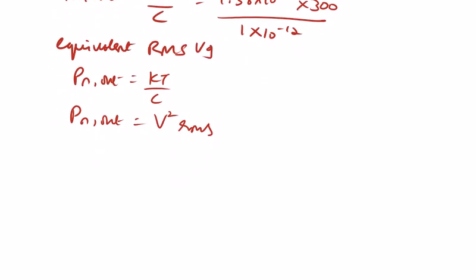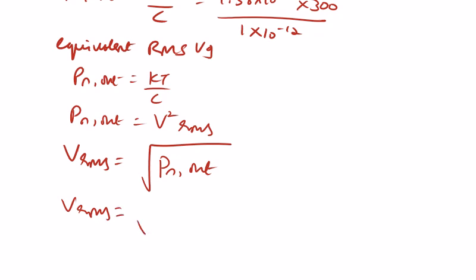So V_RMS is equal to the root of P_n out, or V_RMS is equal to the root of kT by C. When you solve it, you get 64.3 micro V RMS, right?